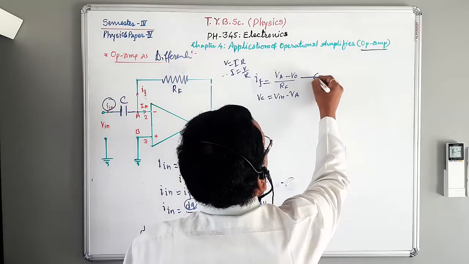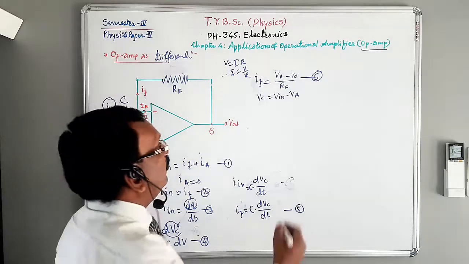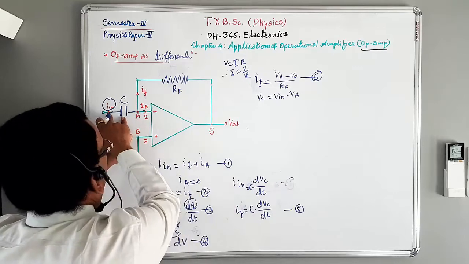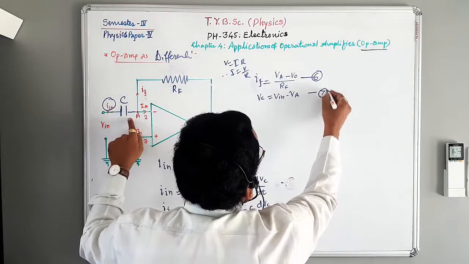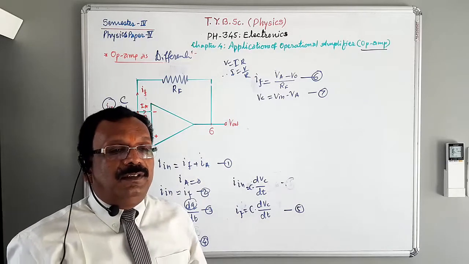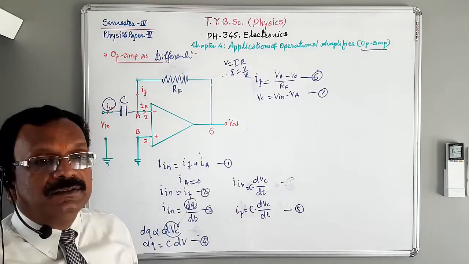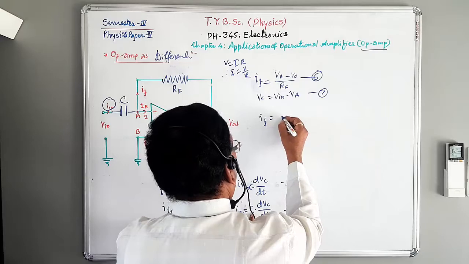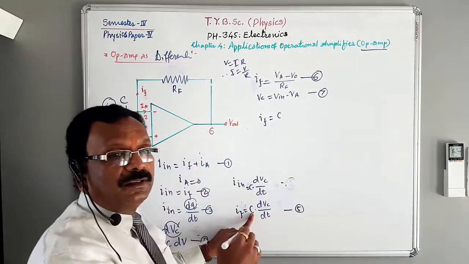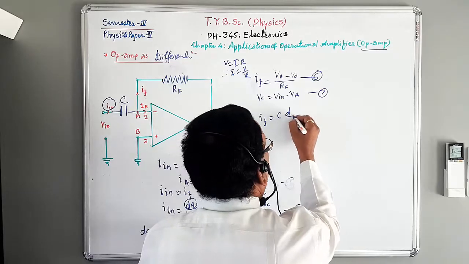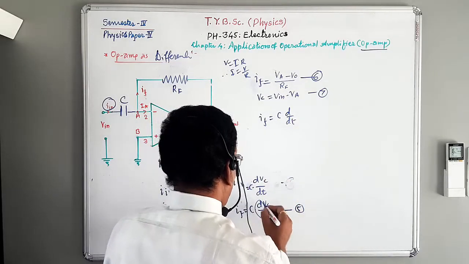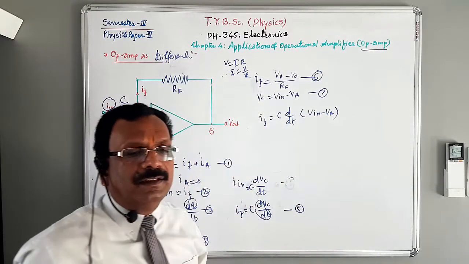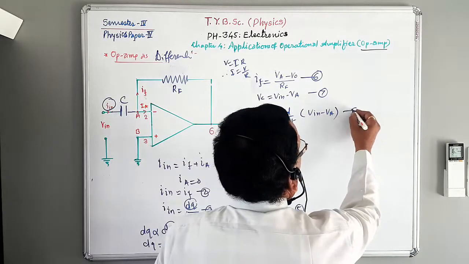So this is equation 6. And the voltage across capacitor C is the input voltage minus the voltage at point A. Suppose this is equation 7. Using equations 6 and 7, equation 5 can be written as I_F is equal to C d by dt of (V_in minus V_A). Suppose this is equation 8.